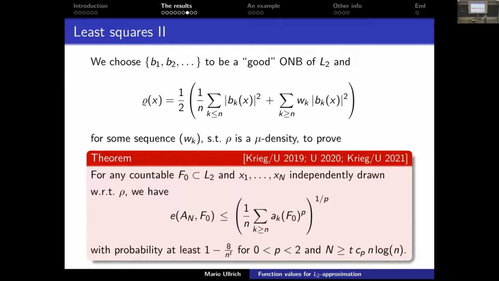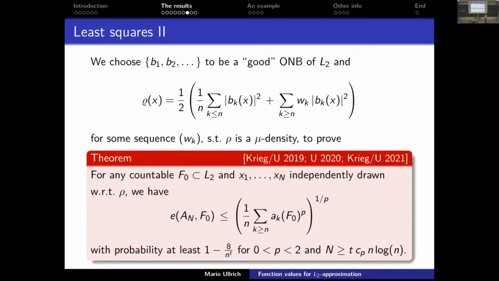Okay, and what is the result then? The very general result we have, and from this we can get all our results. Assume F is an arbitrary countable subset of L2, and x1 to xn are independently drawn with this density. Then we have this bound, the same as we had before without the log n in front, but note that we need now this big N to be of the order n log n. So if we make a logarithmic oversampling, then random points really do the best that we can do.